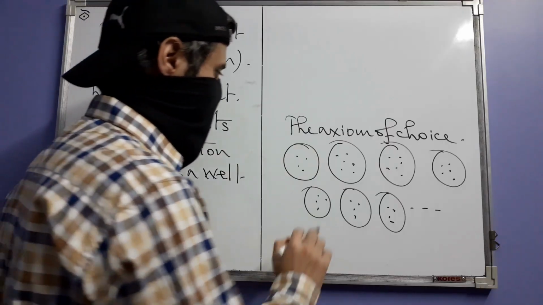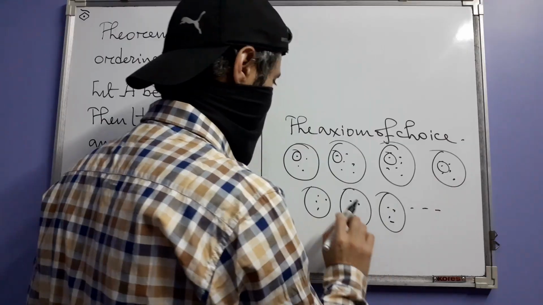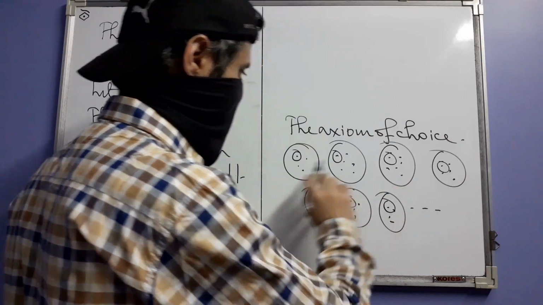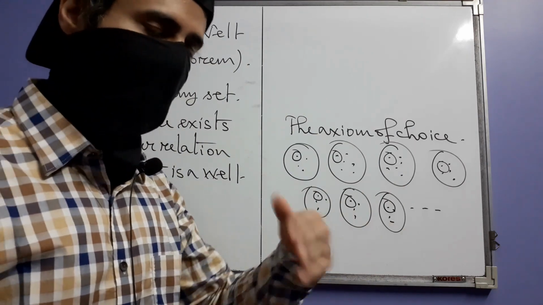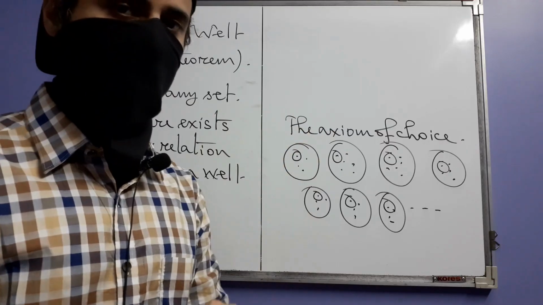Then the axiom says that you can choose one element from each set. The way I have drawn this diagram, it may give you the impression that these sets have to be disjoint. That's not the case. They may have overlaps, but you can choose one element from each set.